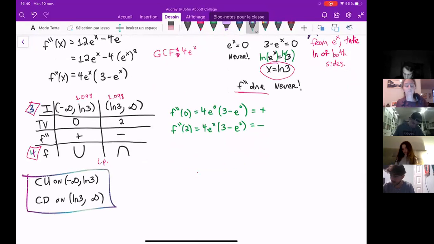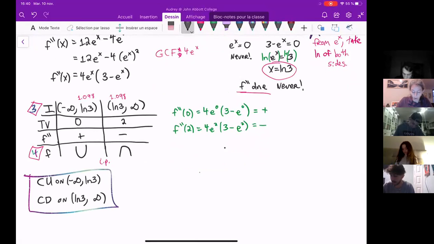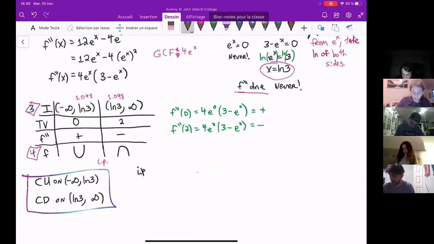Now remember, for the inflection point, I need to find a y value. My inflection point is at x is equal to ln 3. So I plug that ln 3 into my original function.